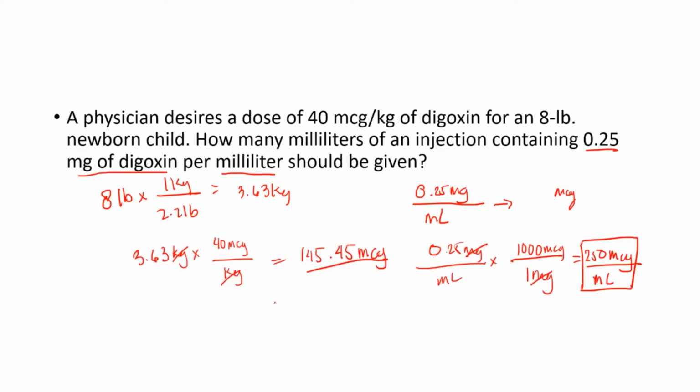So multiply the dose times the strength, 145.45 microgram times 250 micrograms na per ml. You will have a little less than 1 ml. 145.45 divided by 250, 0.5818 ml. So this is the amount of digoxin solution to be administered.